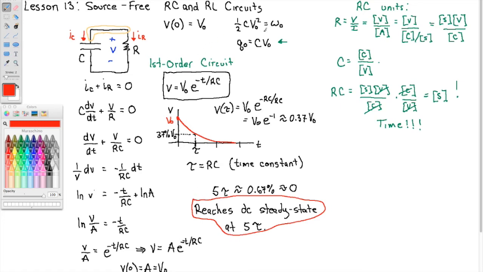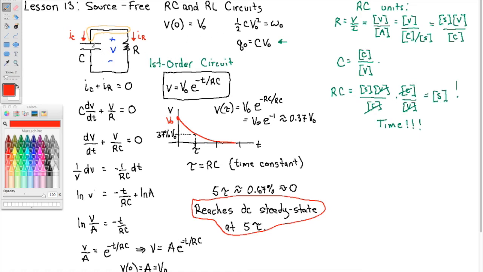Now recall, and I have it written here, that the voltage is related to the charge stored in the capacitor, but also the energy that the capacitor is storing. So, as the voltage decays to 0, so does the charge on the capacitor plates, but more importantly, so does the energy that the capacitor is storing. It decays to 0 as well. Where is that energy going?